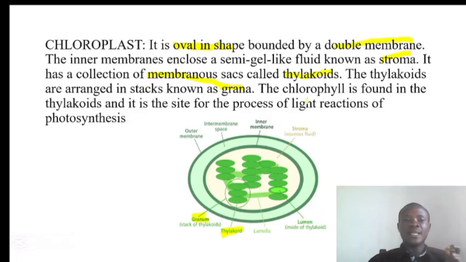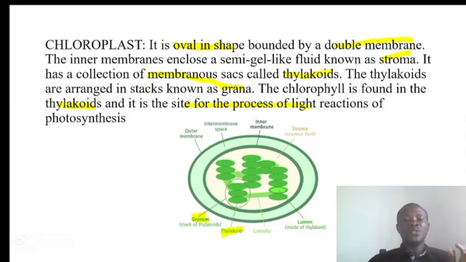The chlorophyll is found within the thylakoid. So the pigment that is responsible for the green coloration of the leaf, that is responsible for photosynthesis, is found within the thylakoid. That's why we say here, it is the site for the light reactions of photosynthesis.